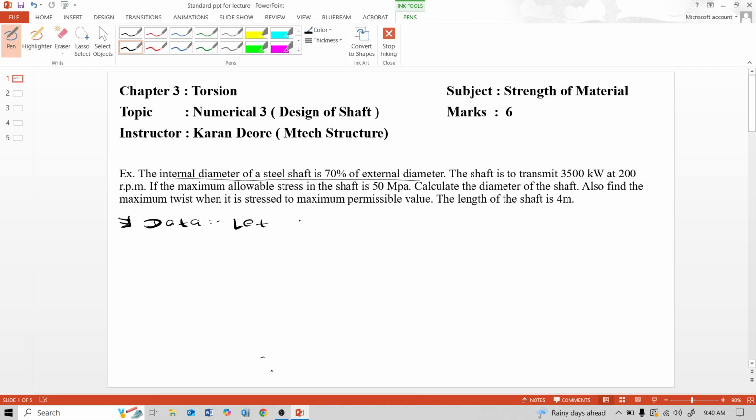Let us assume that capital D is the external diameter and small d is the internal diameter.